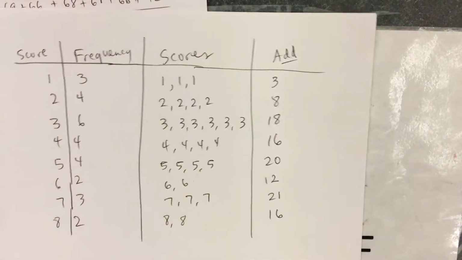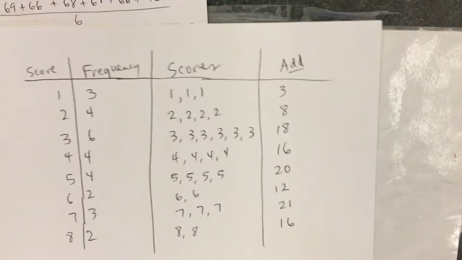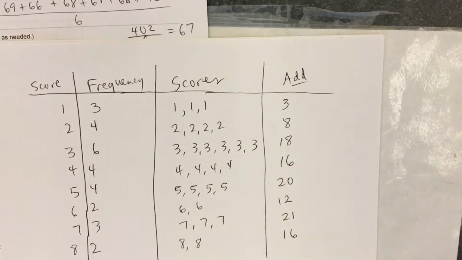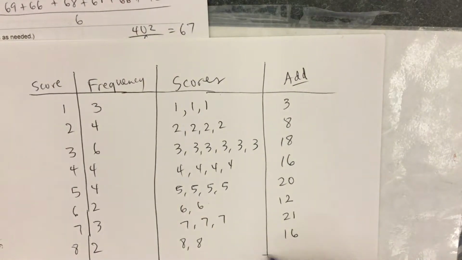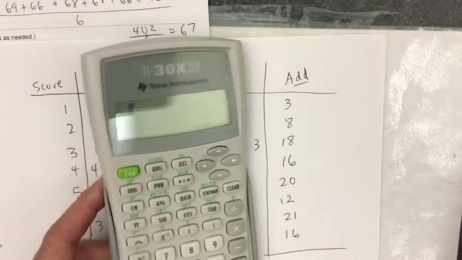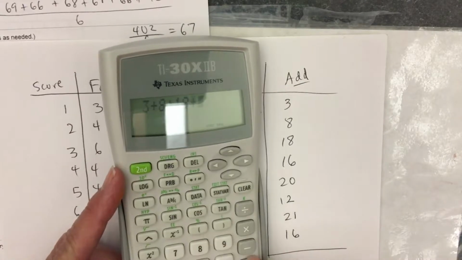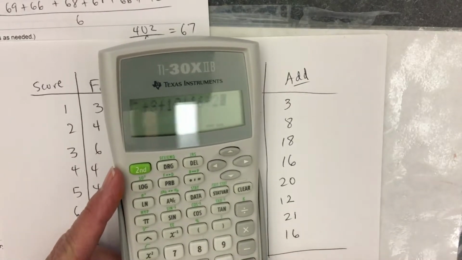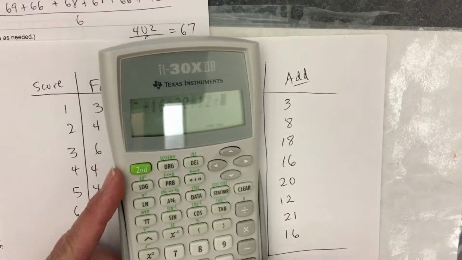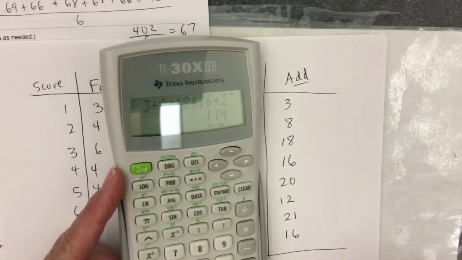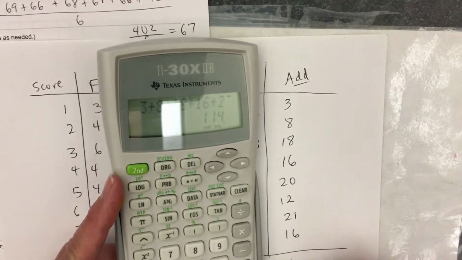So if you look at some of the study aids, they're probably going to say something like that. Add up the numbers that are in my last column right there. 3 plus 8 plus 18 plus 16 plus 20 plus 12 plus 21 plus 16, 114.